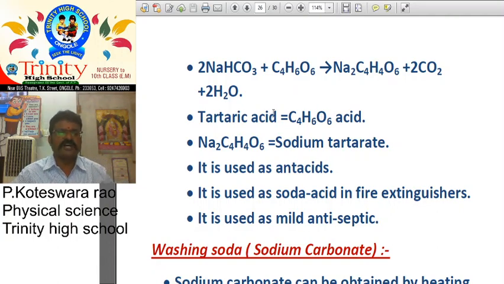Tartaric acid formula: C4H6O6. So what is the chemical name? The chemical name is tetrahydroxy butane dioic acid.